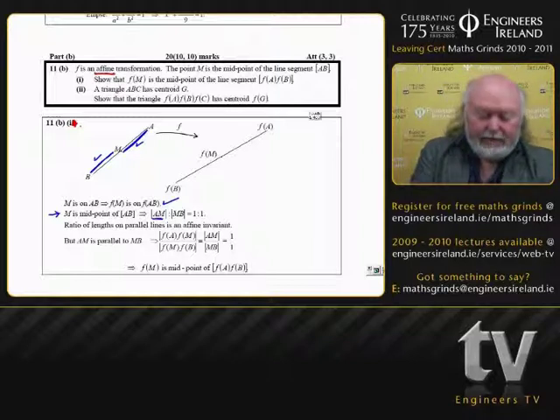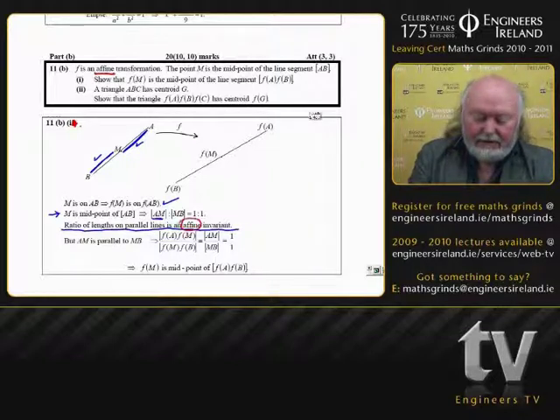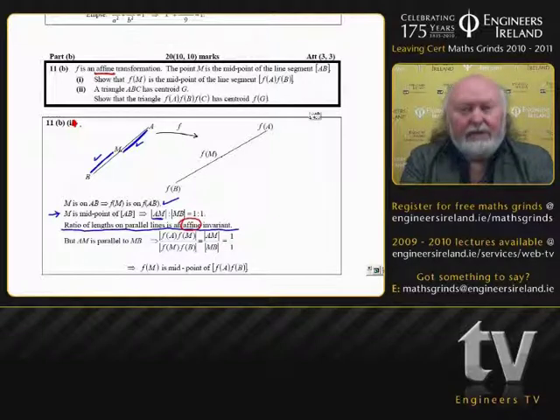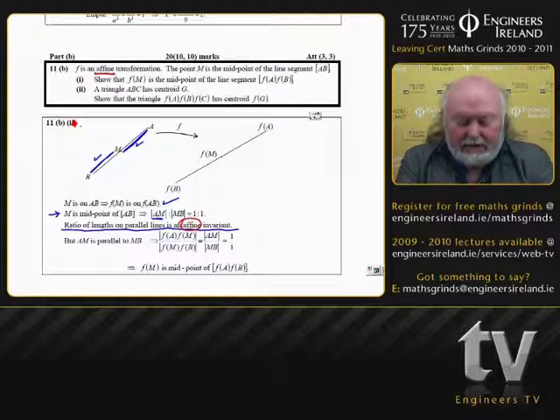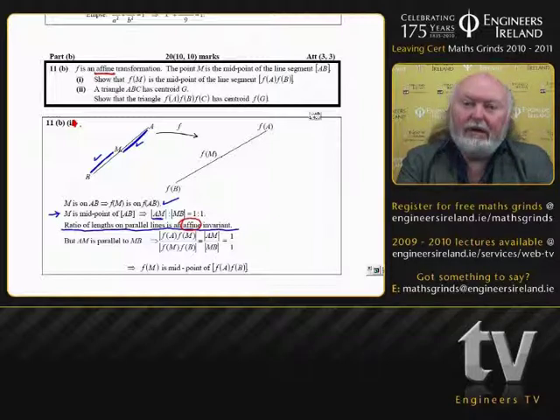Now, this is the thing. It's telling us that in an affine transformation, the ratio of the lengths of parallel lines is preserved.